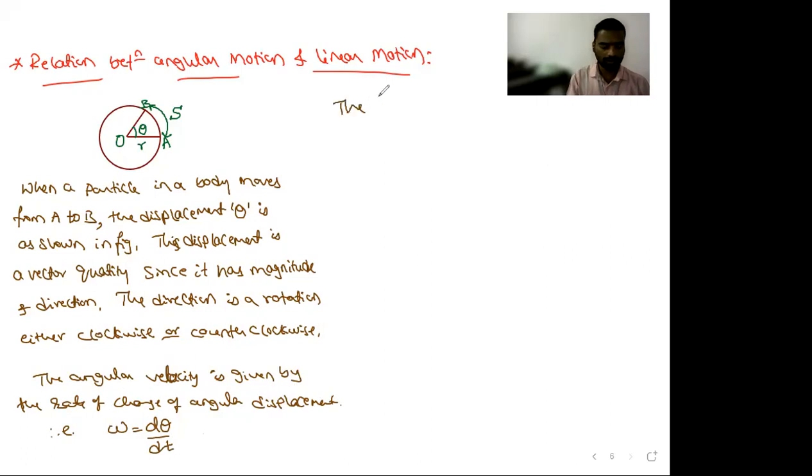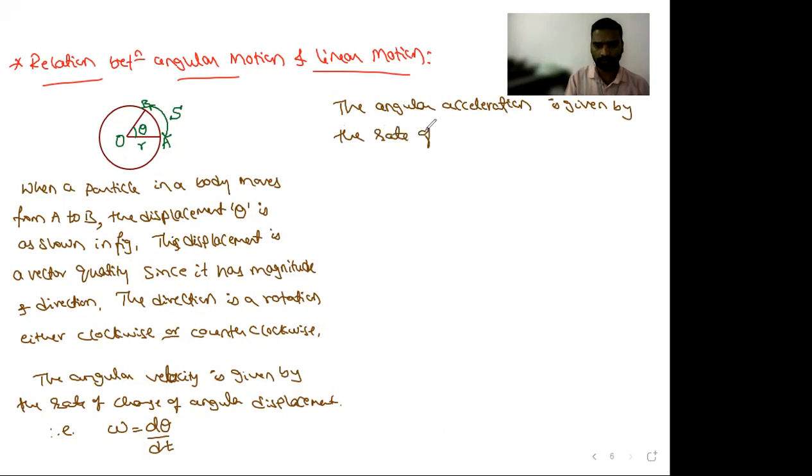Next, the angular acceleration is given by, what is angular acceleration?